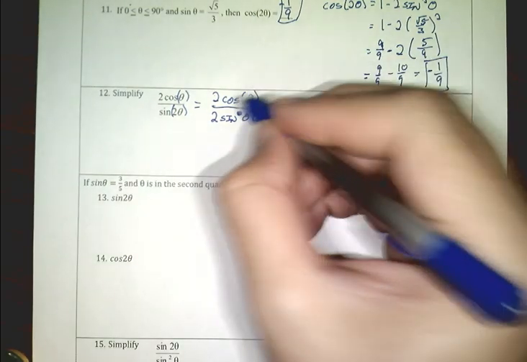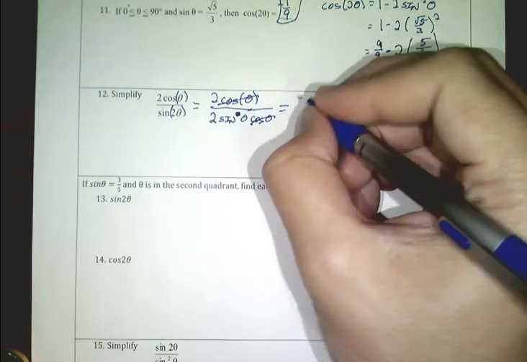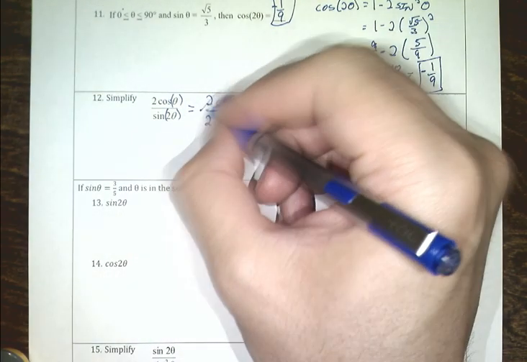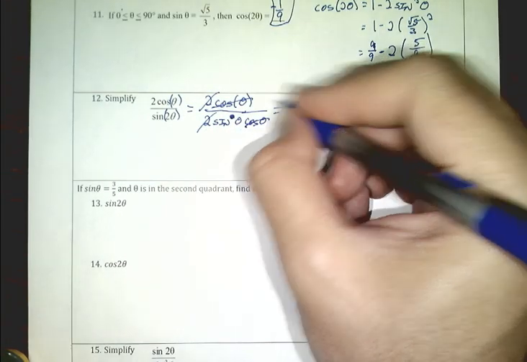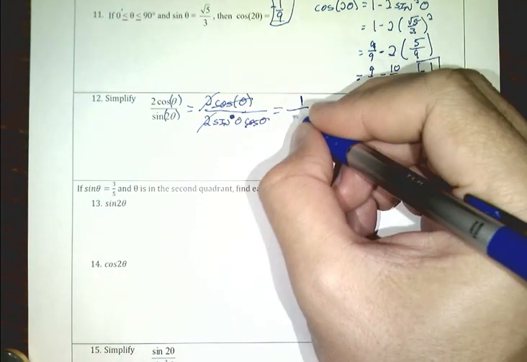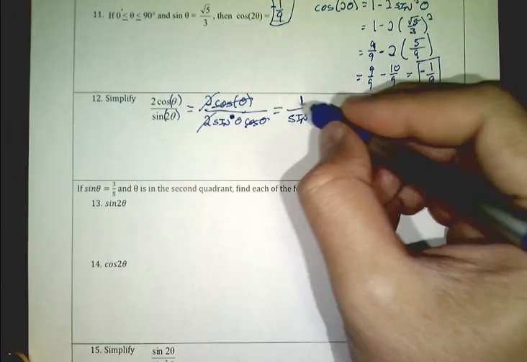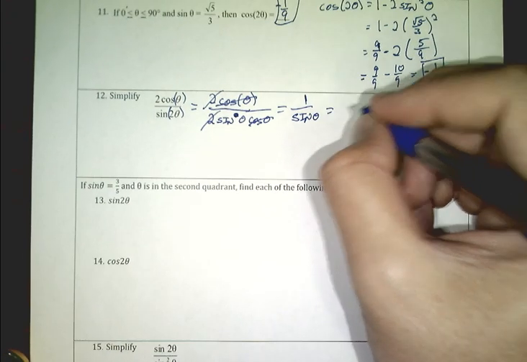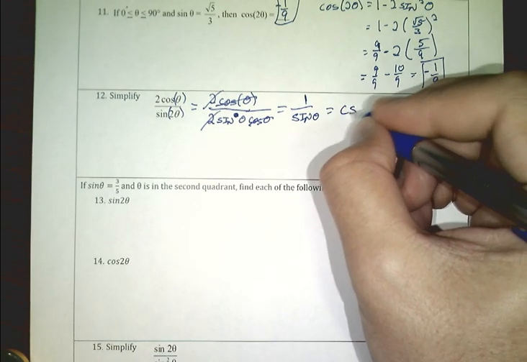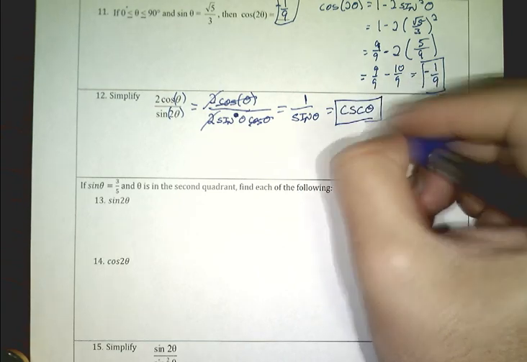And then we can simplify something. I have 1 cosine up here, I have 1 cosine down there. And then this 2 will simplify with that. So that leaves just 1 on top and a sine theta on bottom. And 1 over sine theta is equal to cosecant theta. And we're done.